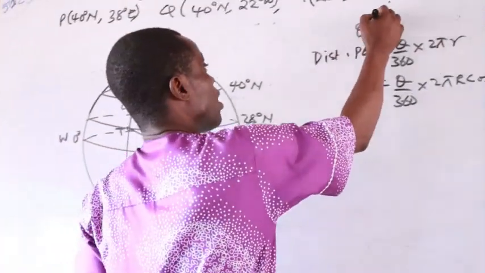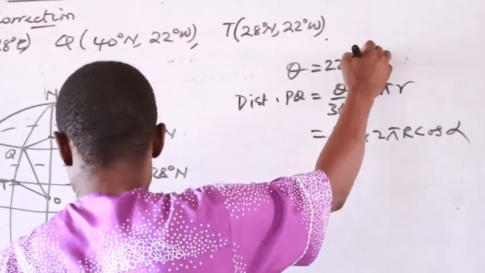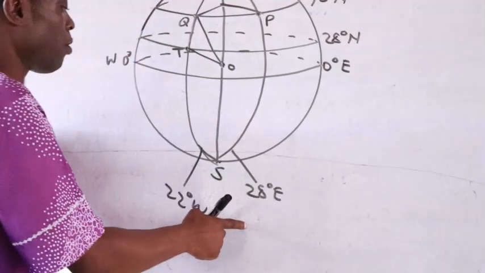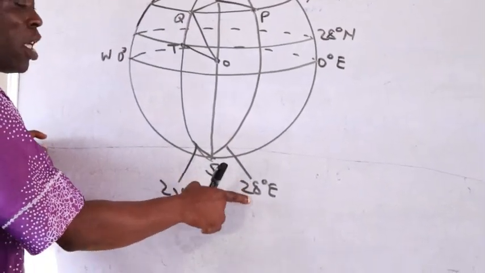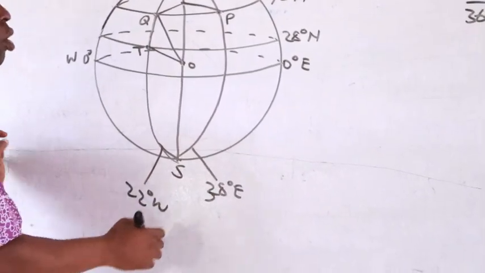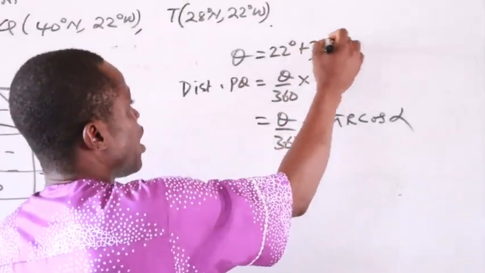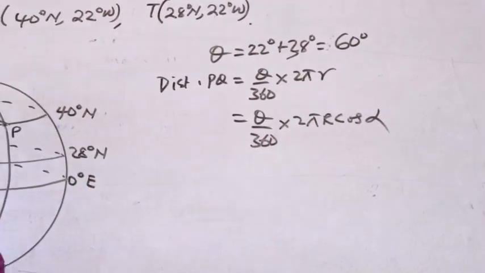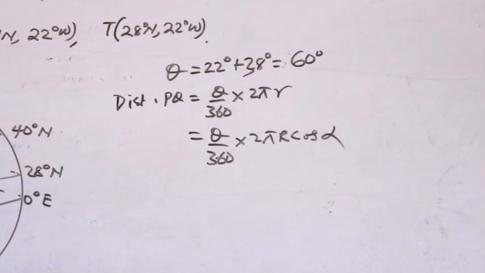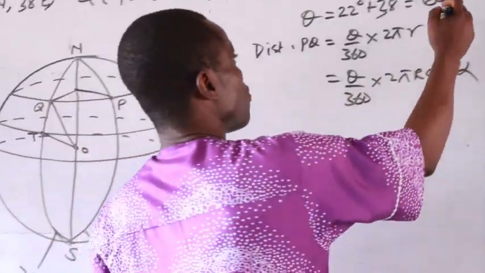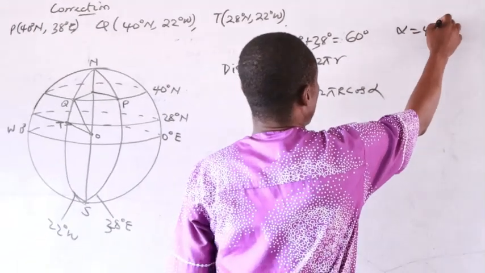So 22 plus 38, and that is 60. So the angular difference is 60. If the angular difference is 60, what is the common latitude? 40. Our common latitude is 40. Alpha equals 40 degrees.